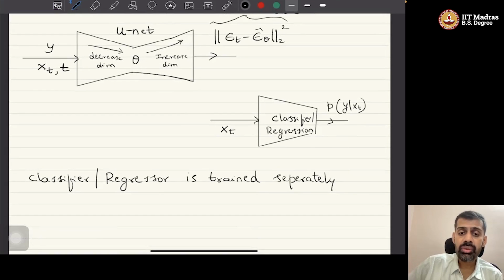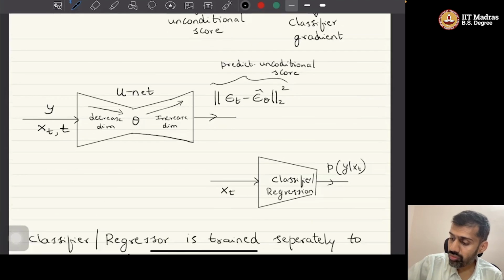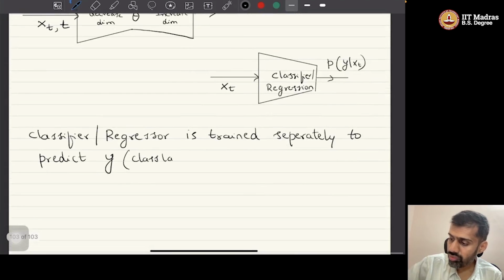So it is trained separately from the UNet. It takes xt and predicts y, which is either the class label or the embedding.